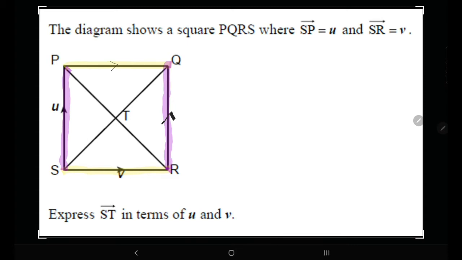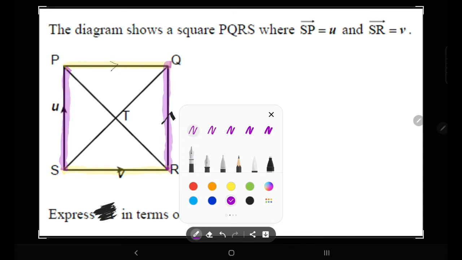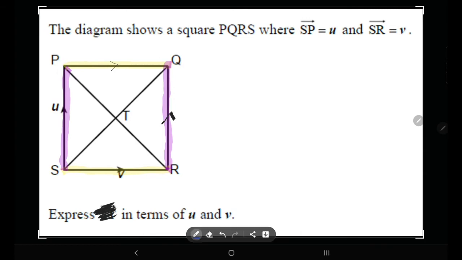I am not going to do ST first. I'm going to talk through another couple of examples because I think it's important we understand the underlying principles before we go straight in the deep end. So a vector can be made up of its parts. So going from S to Q is a vector.